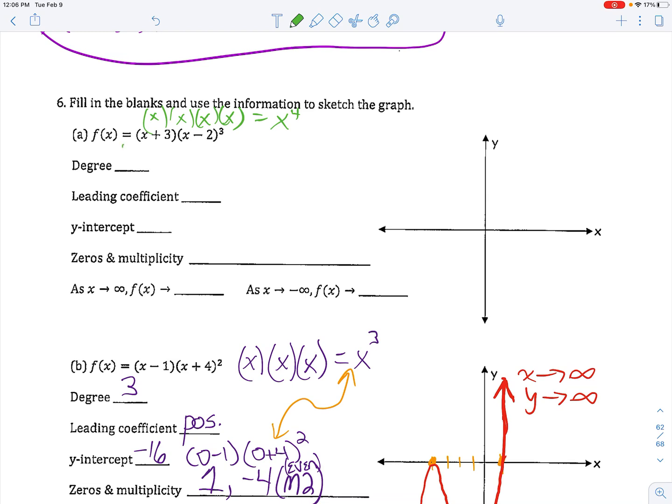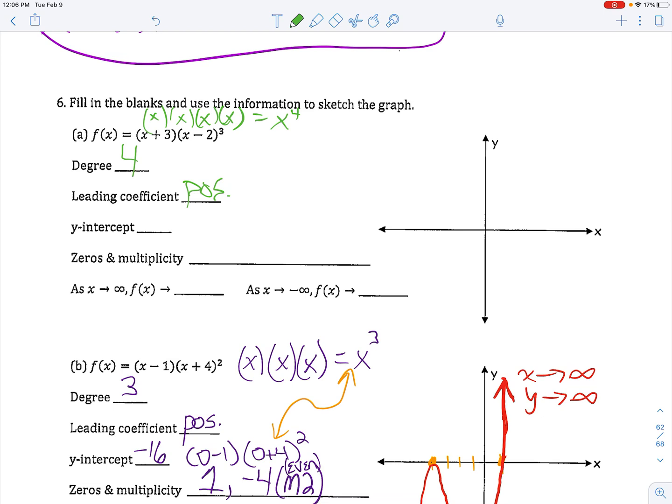This is 1x here with the x plus 3, and the x minus 2 cubed here. That will multiply to x to the power of 4.